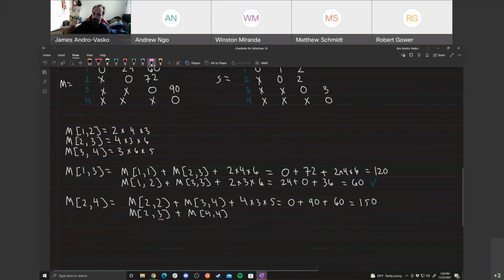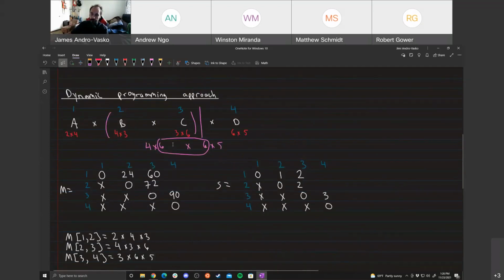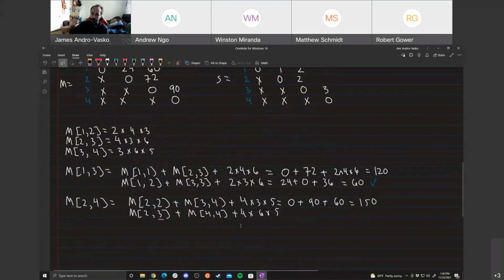We first compute B times C, and then the result of that, a 4 by 6, is multiplied to a 6 by 5, which is going to be this many multiplications. Because we have to multiply M2,3 and M4,4, those two matrices together at the end, and that's going to require this many multiplications.